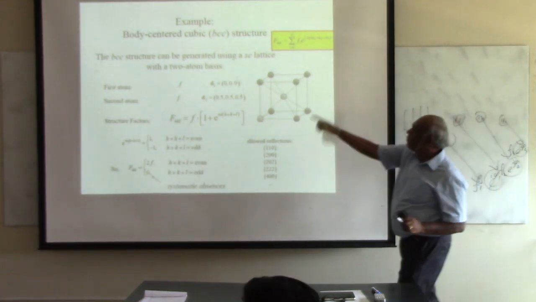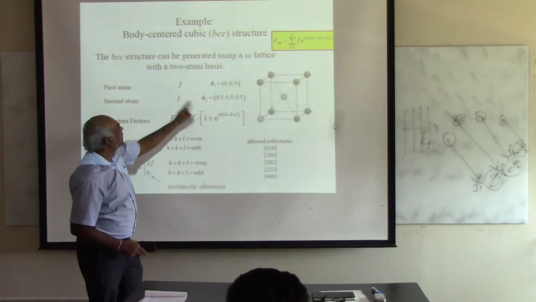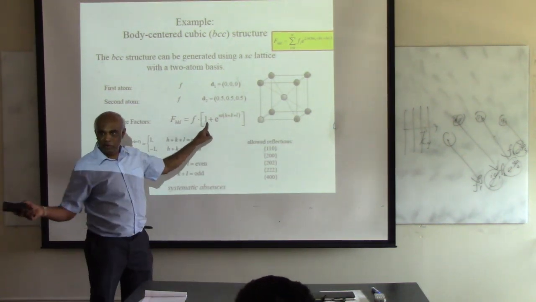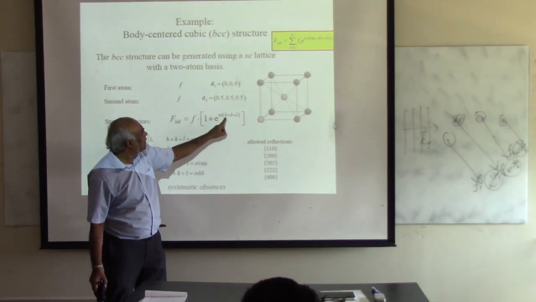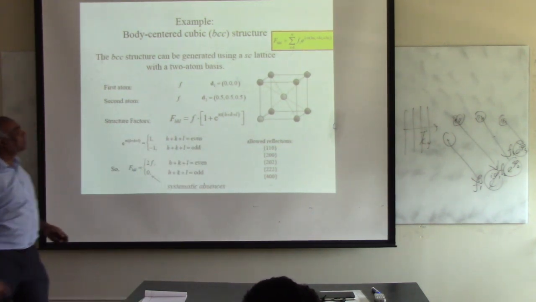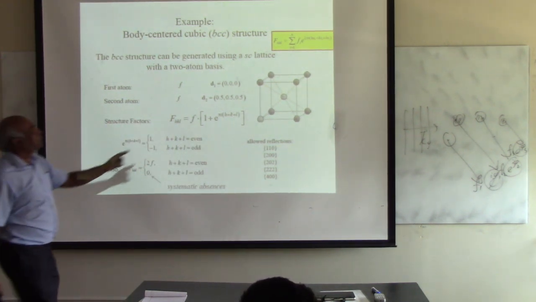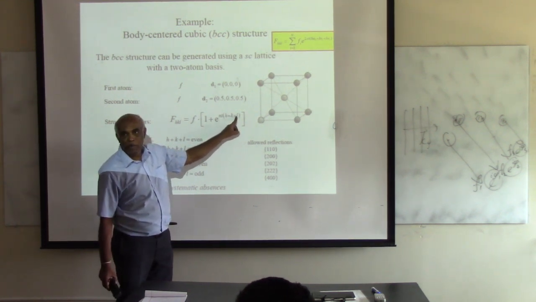So now again, if you plug in those things, what do you get? You get one coming from the 0, 0, 0, the other one coming from half, you can see they cancel, right? You get H plus K plus L. Now, just imagine H plus K plus L is an even number.